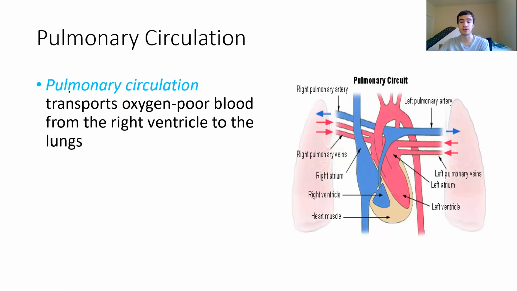The pulmonary arteries take blood to the left and right lungs. And then the pulmonary veins carry that blood back into the left side of the heart.